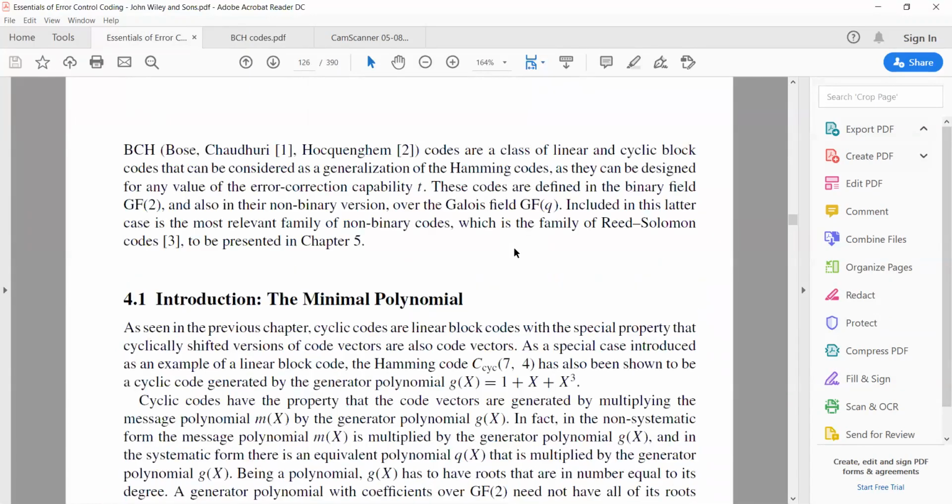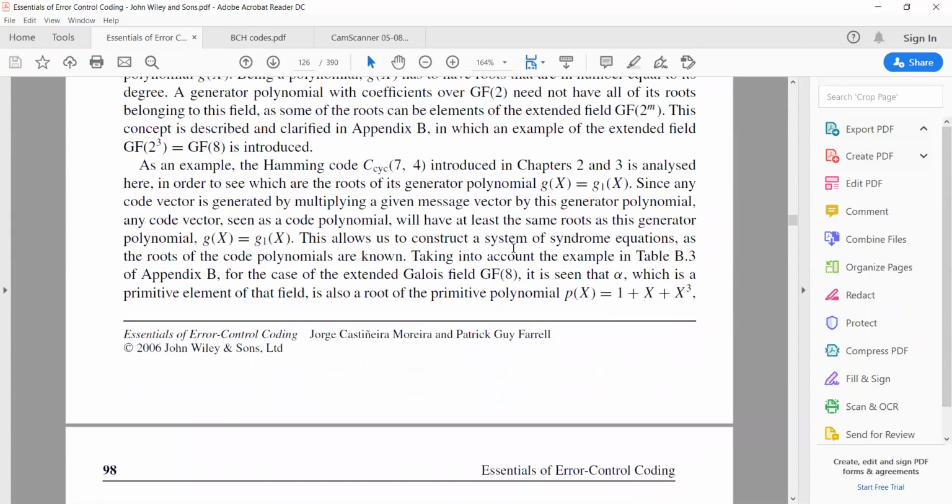From this, we have seen that from appendix B, this is described and clarified. As an example, the Hamming code like 7,4 introduced in chapter 2 and 3 is analyzed here. So in order to see which of the roots of its generator polynomial, like gx.